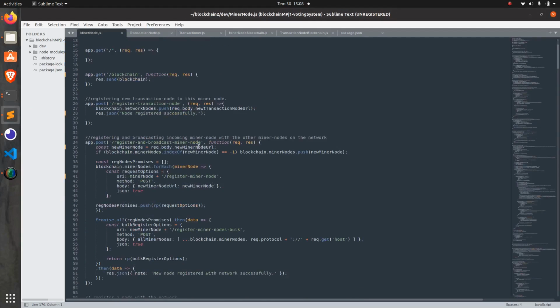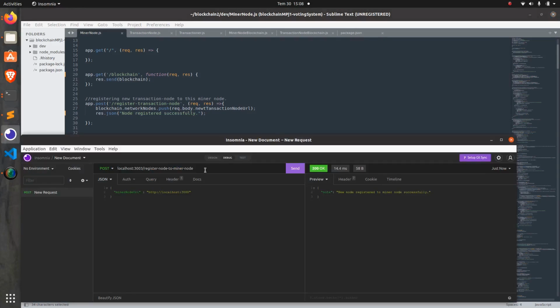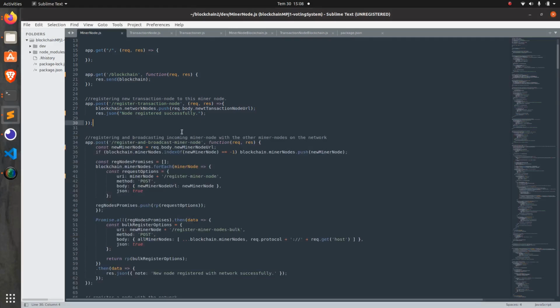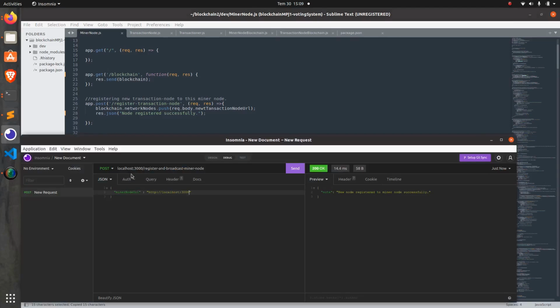So I am binding these miner nodes, which are like the subnetwork's controller. I am binding three of them with each other.